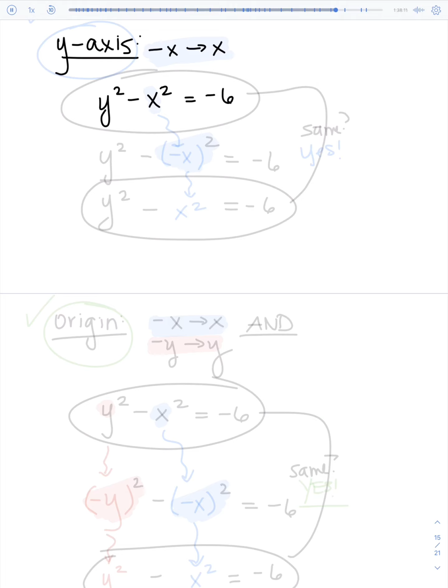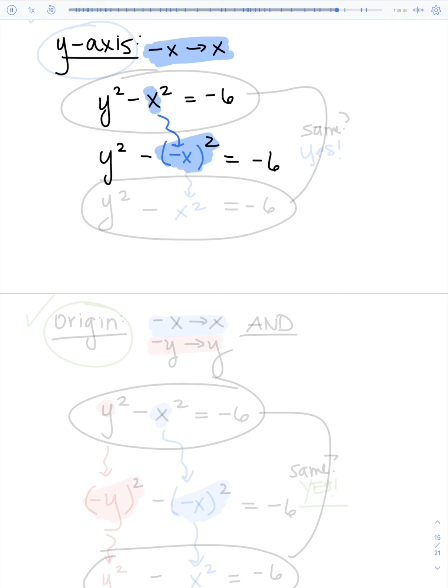So this means on this one, I'm going to plug in a -x where all the x's are. So I'm going to replace my x with a -x. So that will give me, let's see, y squared minus our x will get replaced with a -x, which is, again, squared. Everything else will stay the same.